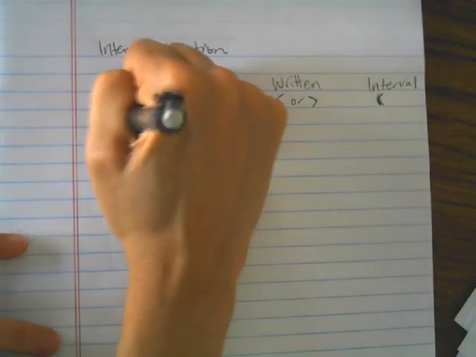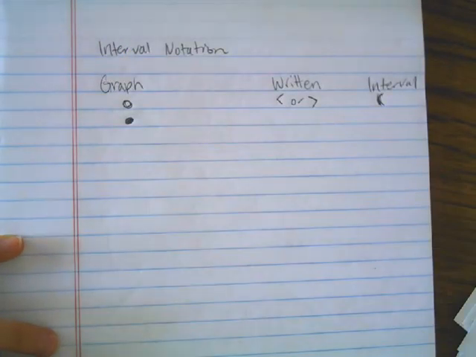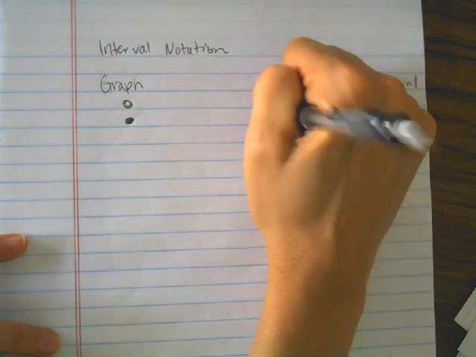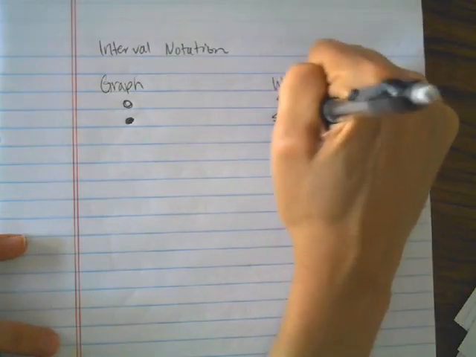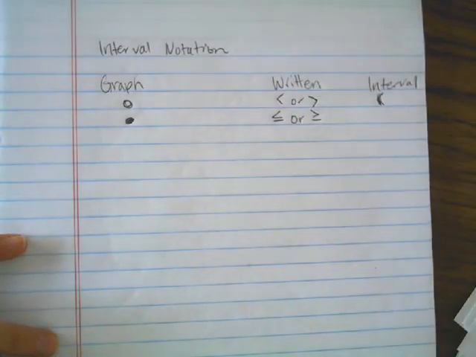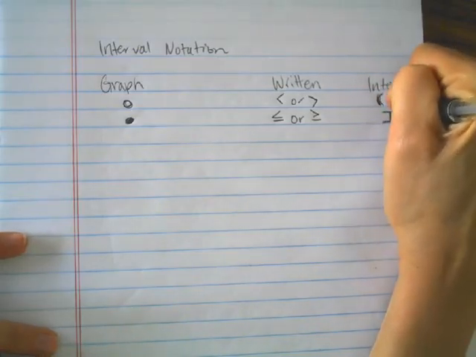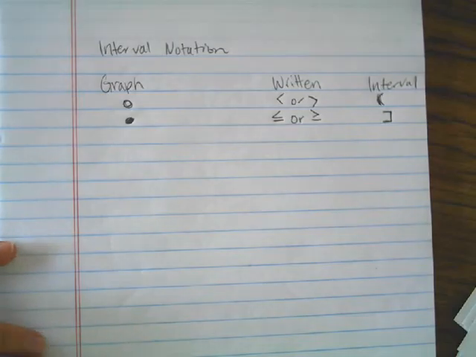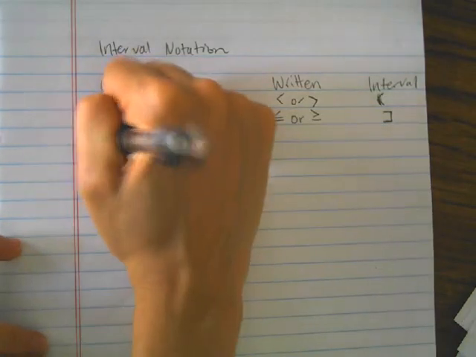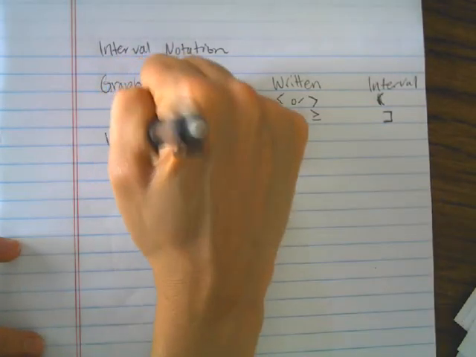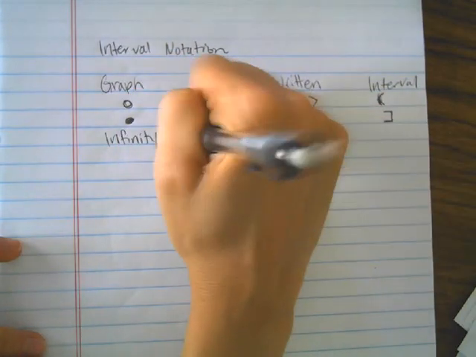If there is a dot on the graph and it's written as less than or equal to or greater than or equal to, there's going to be a bracket. Infinity, since you never get there, is always written with the parentheses.